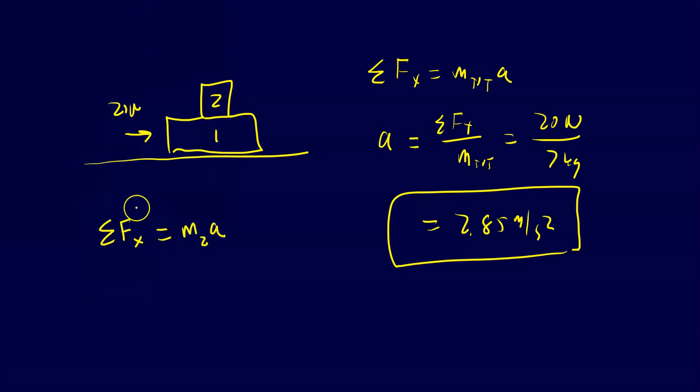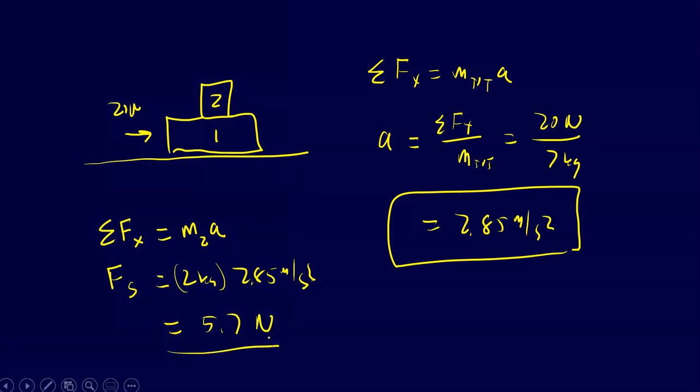Hopefully you remember from our diagram that the only force acting in the x direction was the force of friction, and I'll be more clear and say this is the force of static friction, and it's going to equal m2 times a. So this is 2 kilograms times 2.85 meters per second squared, and when I multiplied that out, I get 5.7 newtons.